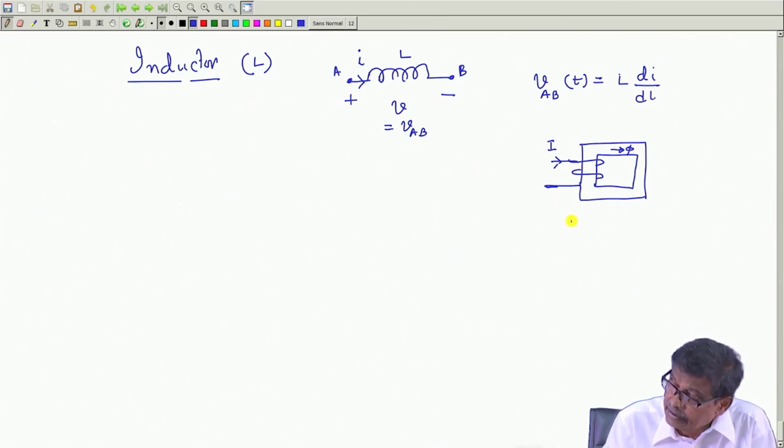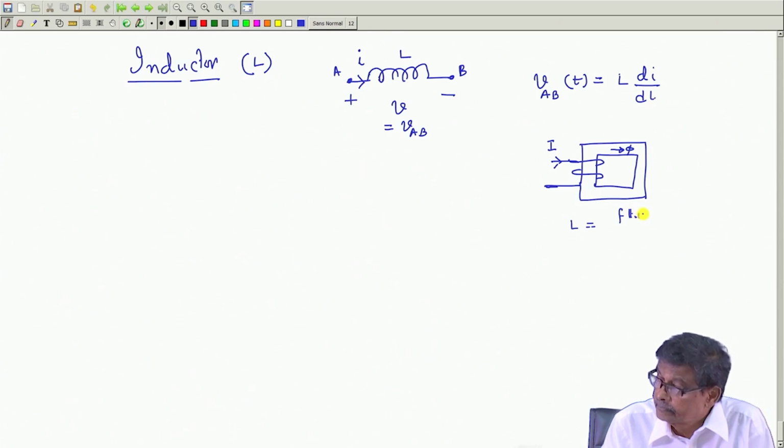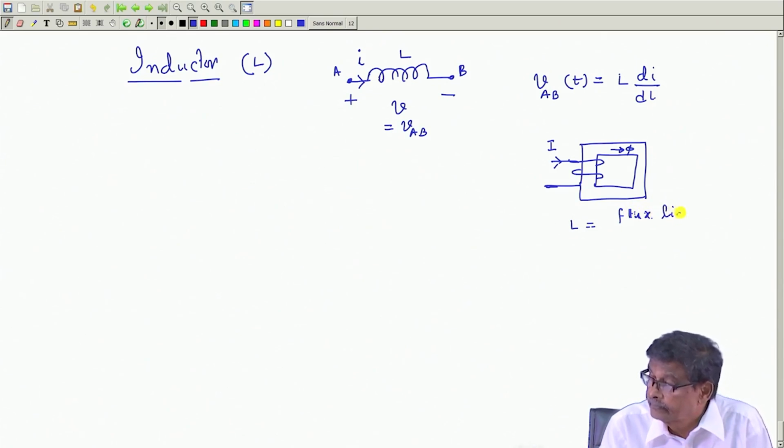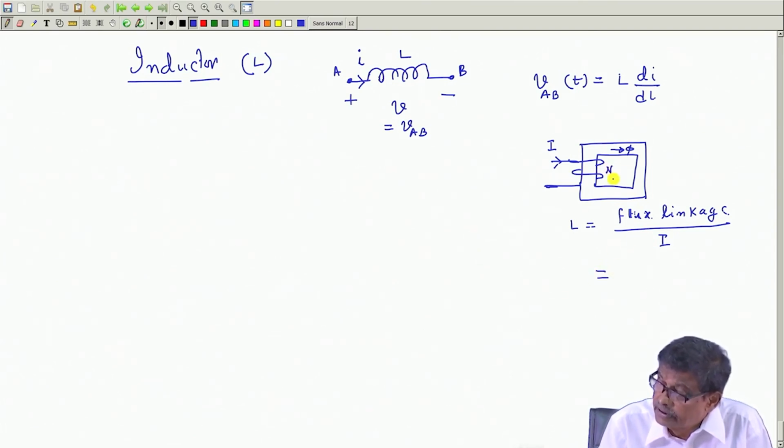Then inductance is defined as flux linkage per unit ampere. That is, if you pass I ampere, calculate what is the flux linkage. That is, if N is the number of turns, it will be N phi by I. If you pass 1 ampere current, what is the flux linkage?